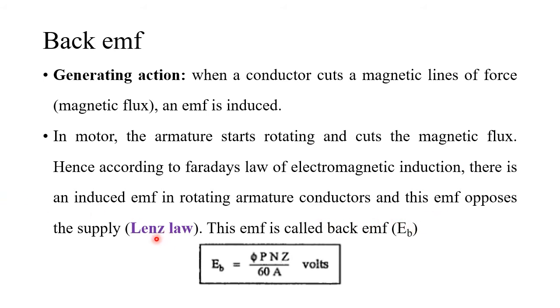It opposes the current supplied to the armature conductors, and that EMF is called back EMF. The equation is Eb = PφNZ/60A. This equation is the EMF equation for a DC generator, and that is called back EMF in a DC motor.